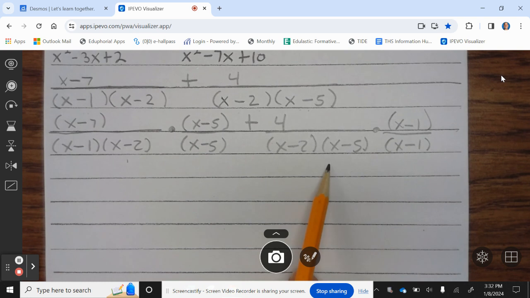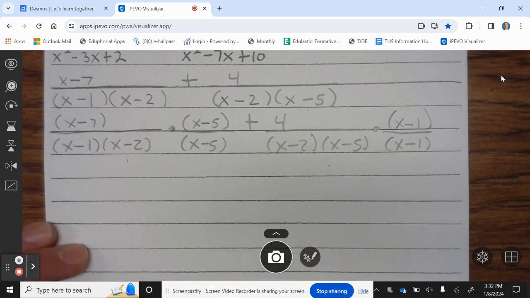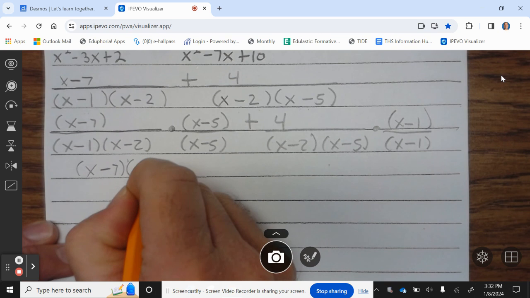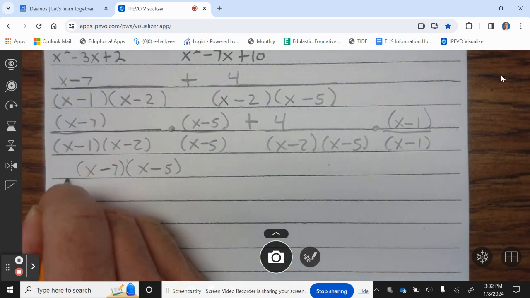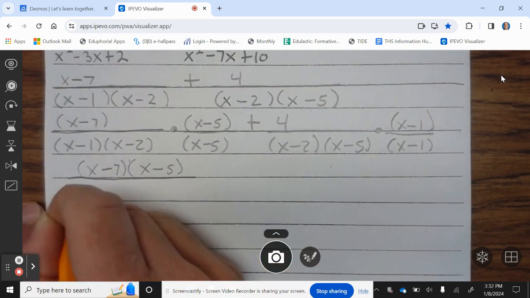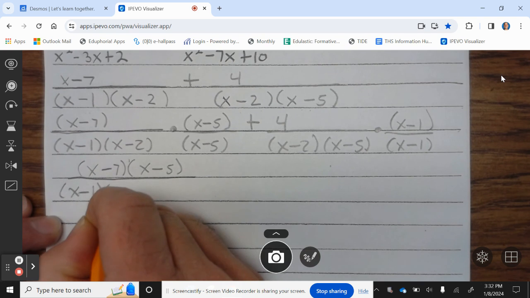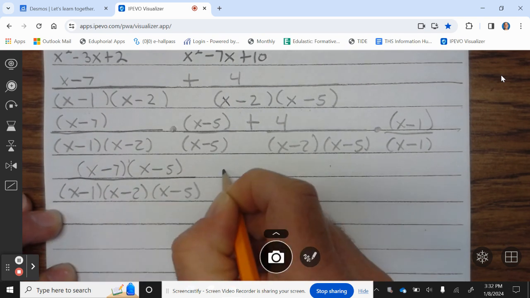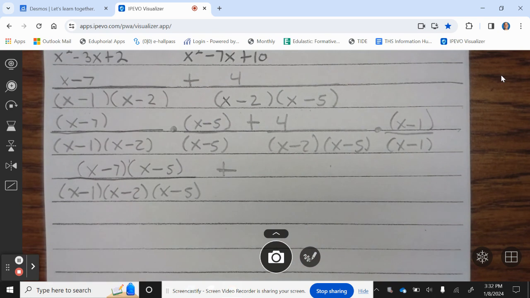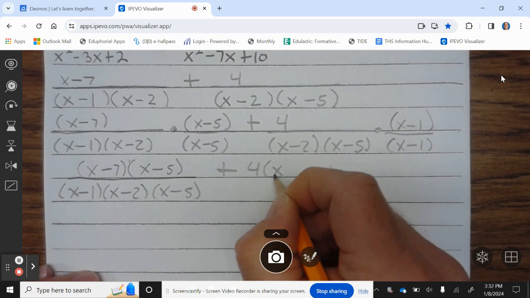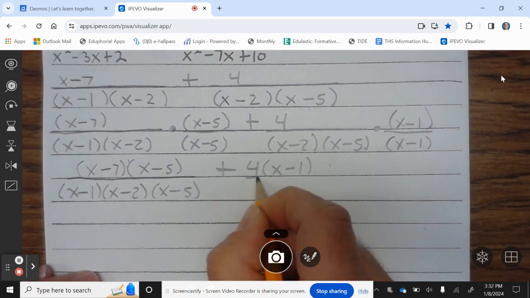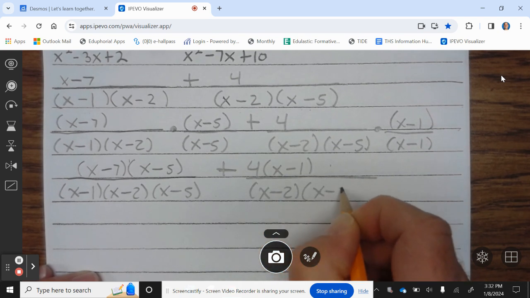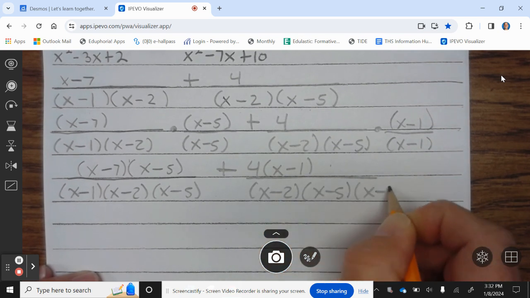Now, these have the same denominators. We can combine the numerators. So we have x minus 7 times x minus 5 divided by x minus 1 times x minus 2 times x minus 5, plus 4 times x minus 1 divided by x minus 2, x minus 5 times x minus 1.